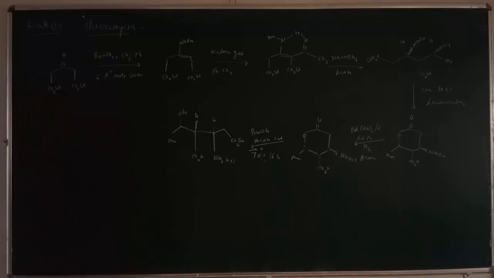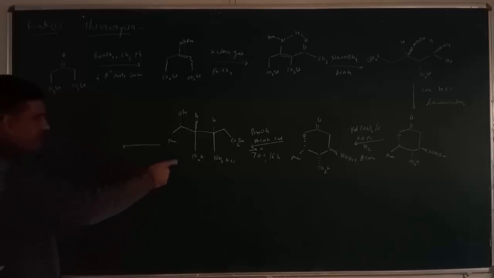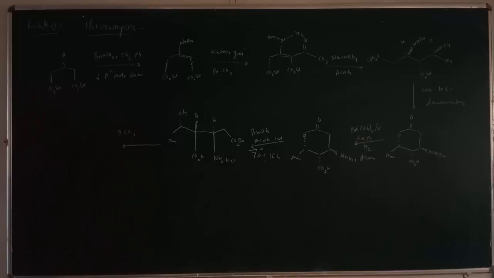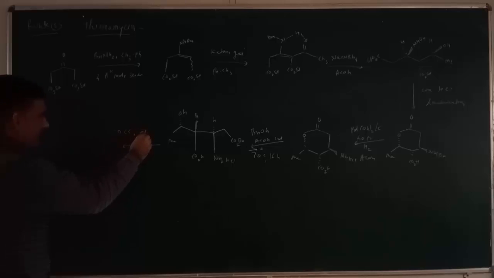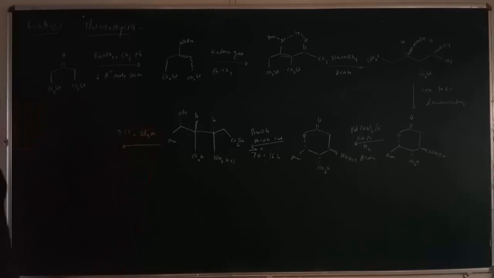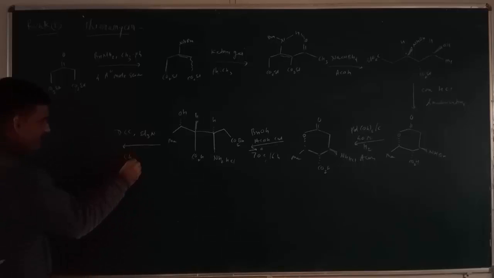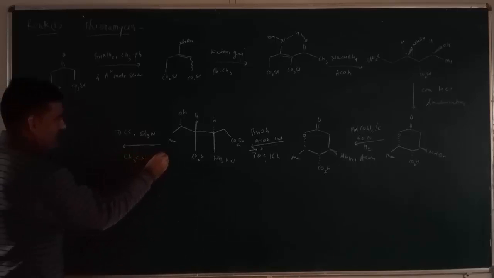Then in the further step, cyclization of the ring will be done by using DCC, that is 1,3-dicyclohexylcarbodiimide, in the presence of triethylamine as well as a solvent, acetonitrile, CH3CN, at 60 degrees Celsius.